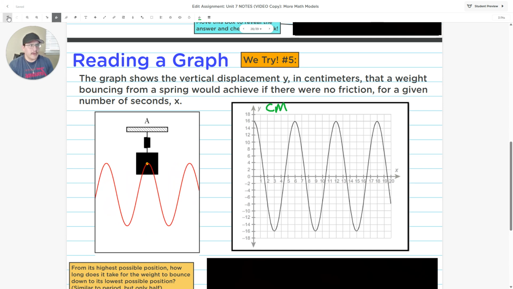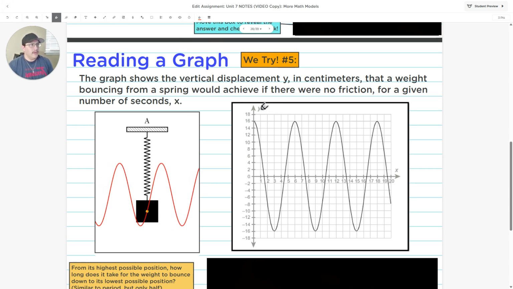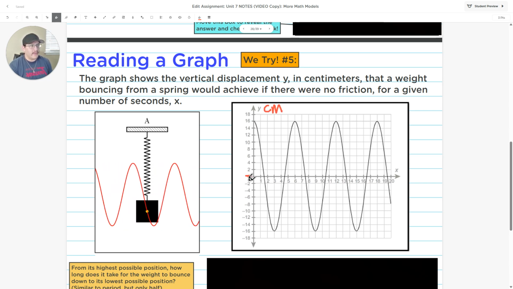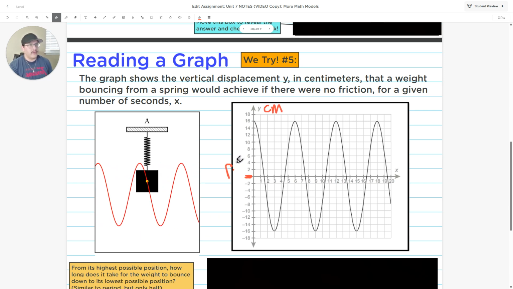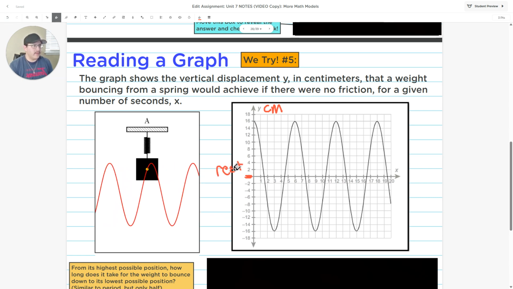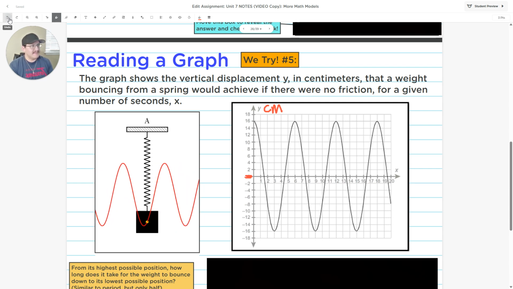Let me use a different color here. So again, this y value is in centimeters. The displacement from rest, so here is rest, the midpoint. Let me write a little bit better.